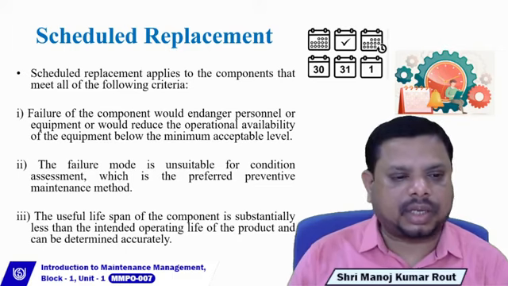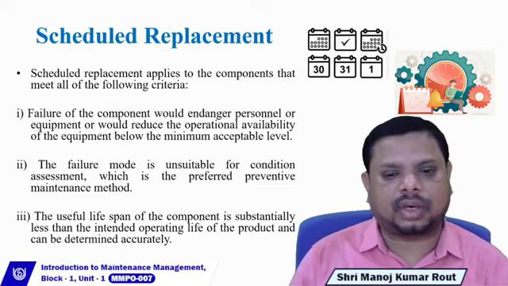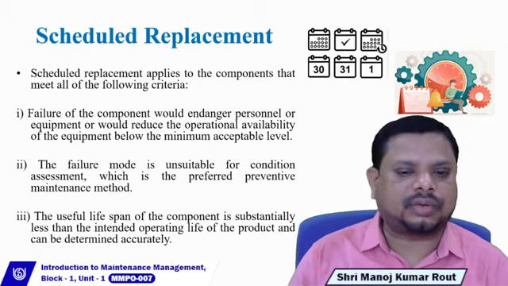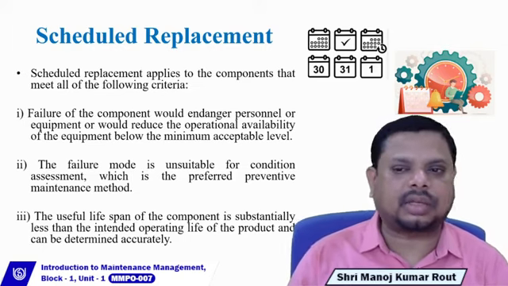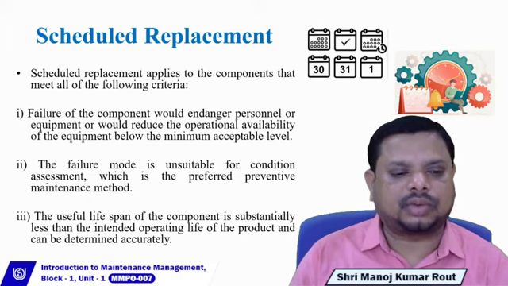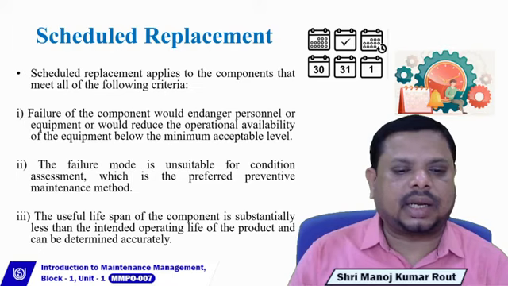The next important point is that the failure mode is unsuitable for condition assessment, which is the preferred preventive maintenance method. And the last point is that the useful lifespan of the component is less than the intended operating life of the product and can be determined accurately.